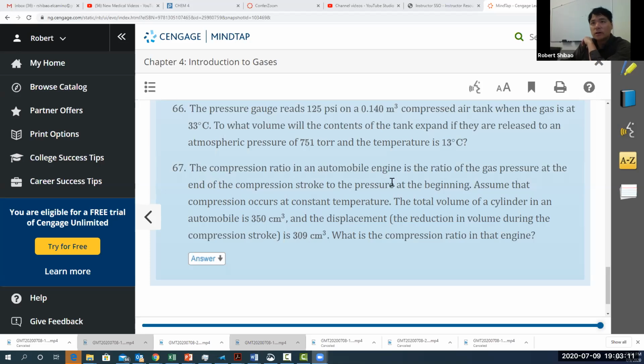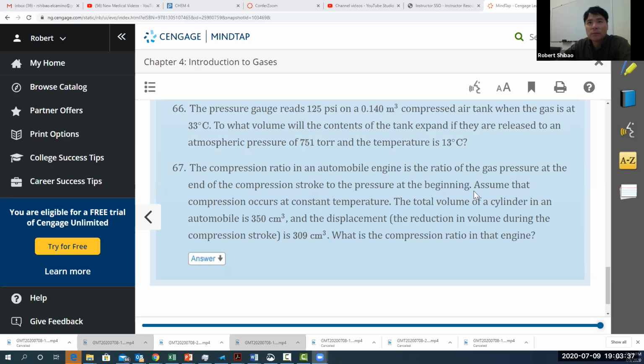The compression ratio in an automobile engine is the ratio of the gas pressure at the end of the compression stroke to the pressure at the beginning. It's also the volume too. This is a pressure ratio. You can also do the volume ratio, like 11 to 1, 11 volume to 1. In fact, that's often the case. They don't usually talk in terms of pressure. They usually talk in volume.